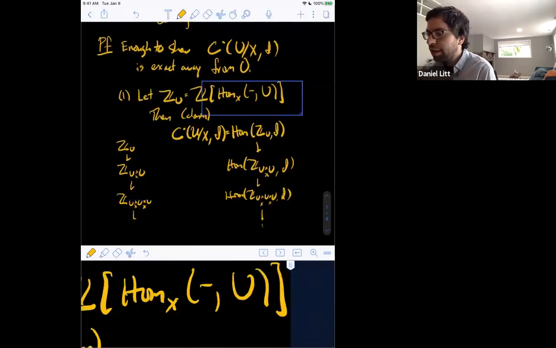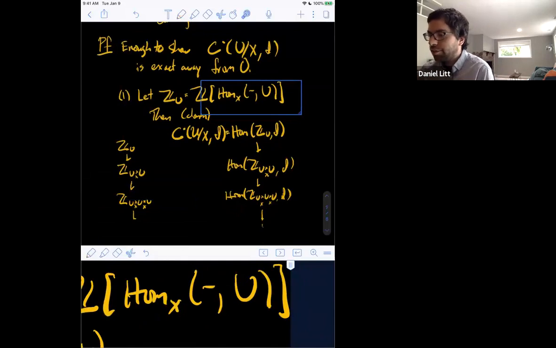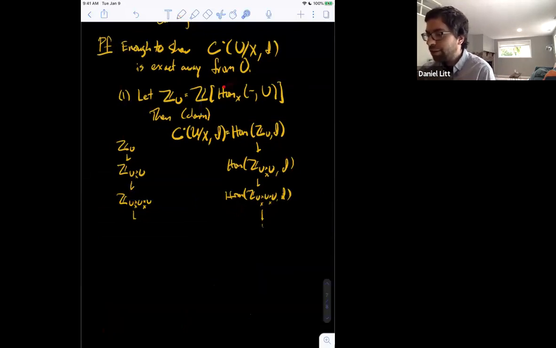Here we're taking these functors Hom into U to the I, so these are contravariant functors. These functors themselves form a simplicial diagram because the U to the I over X do. So Hom into them forms a cosimplicial diagram, and we're taking the free abelian group on that, and that's where this complex comes from. Okay, and then how are we getting this complex?